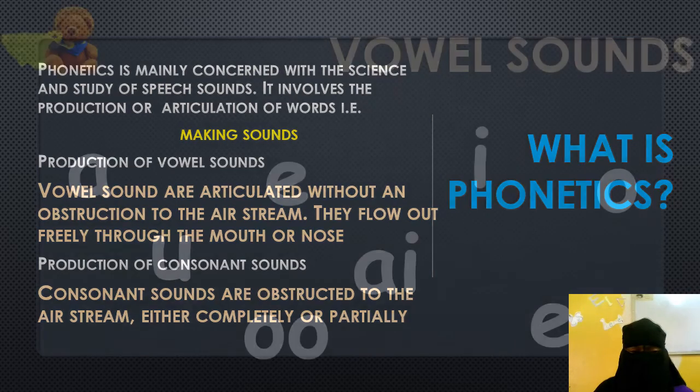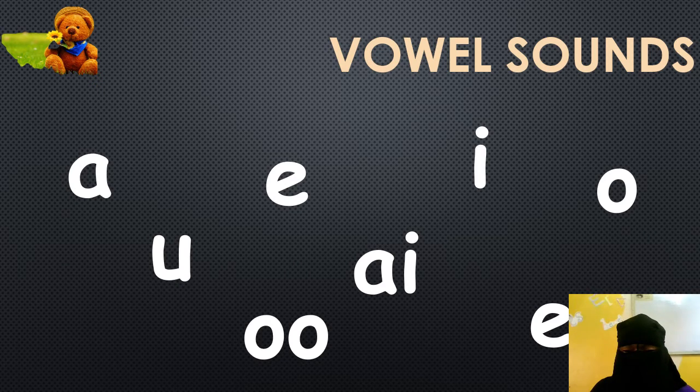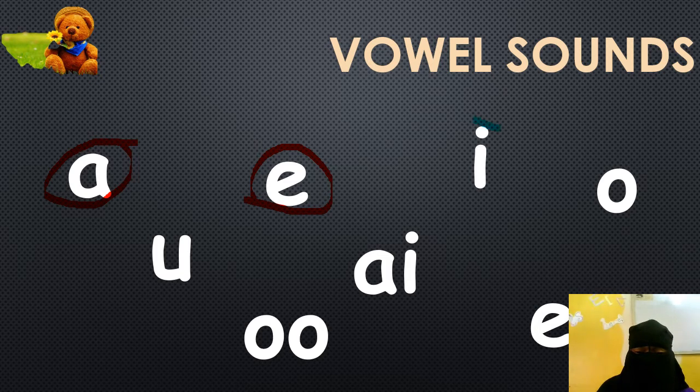Let's look at the next. These are examples of our vowel sounds. We have the first one here. Let's say together. Ah. The next one, eh. Let's say together. The next one, or. Let's say together. The next one, a.